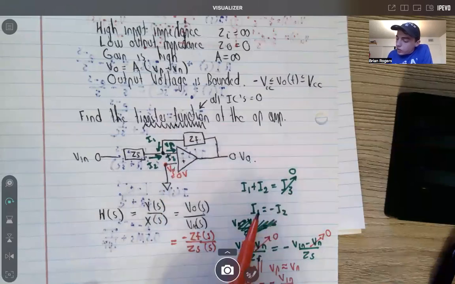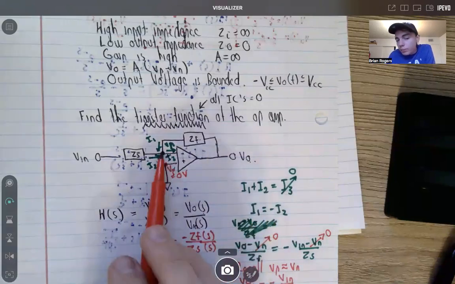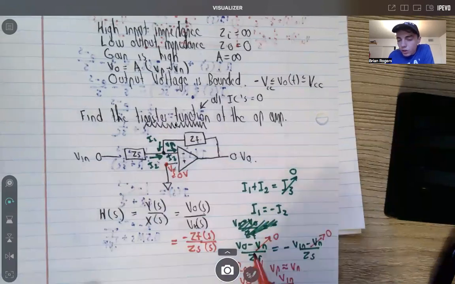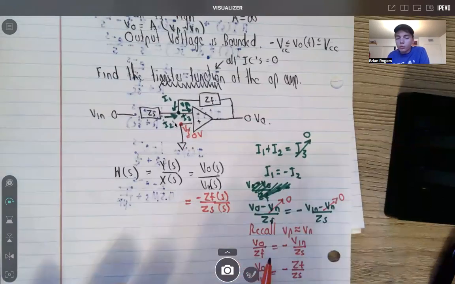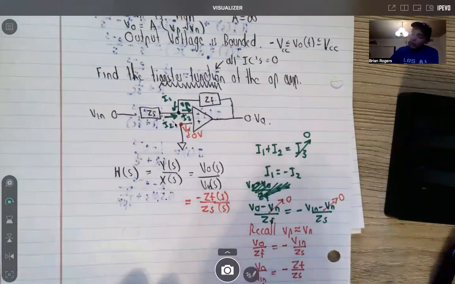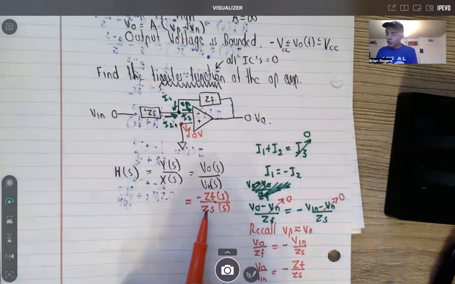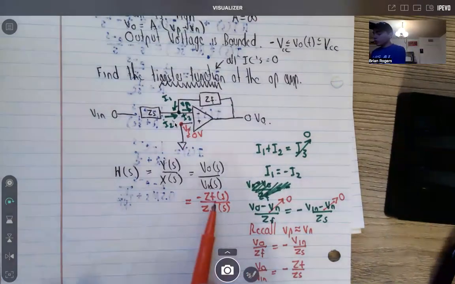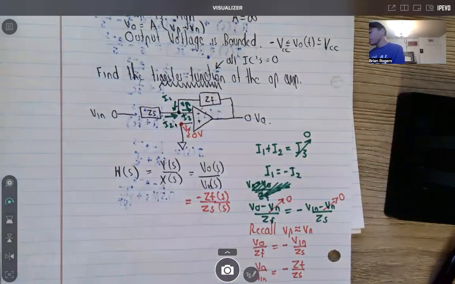And then we said that the voltage at both terminals is roughly the same. That's why we could cross out V of n on both of these. And so we could write the output voltage over the input voltage, which gave us this equation, so we could substitute in negative Z of F all over Z of S.